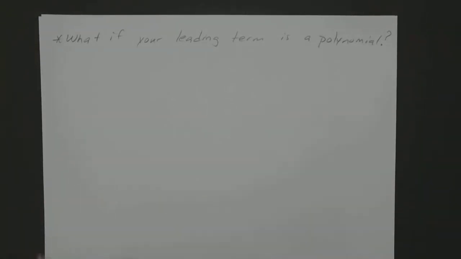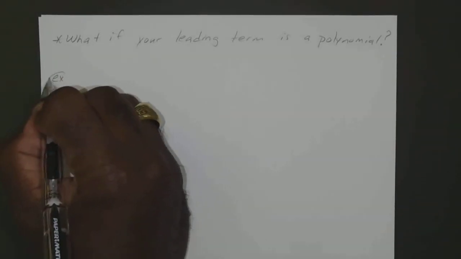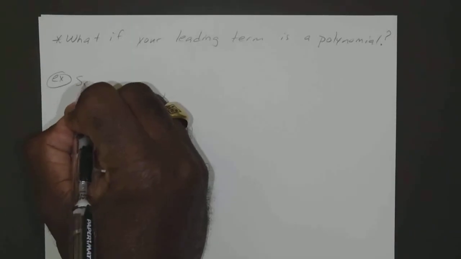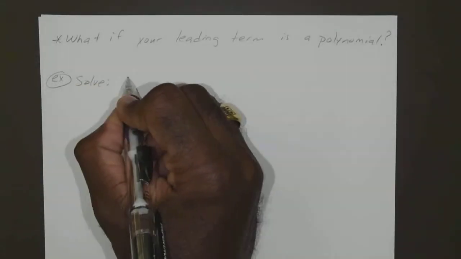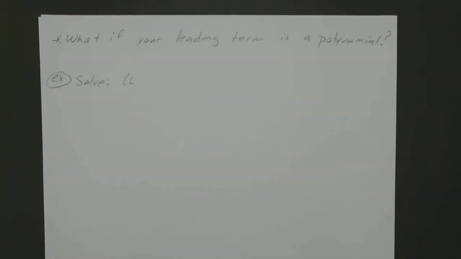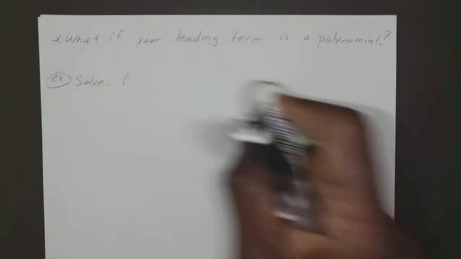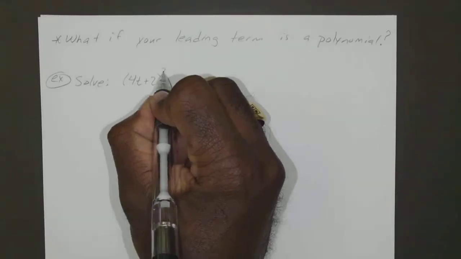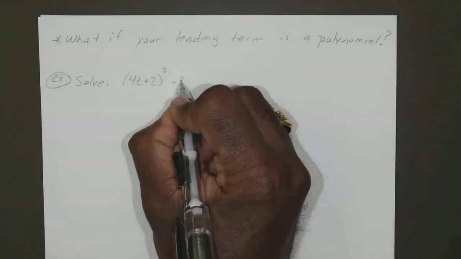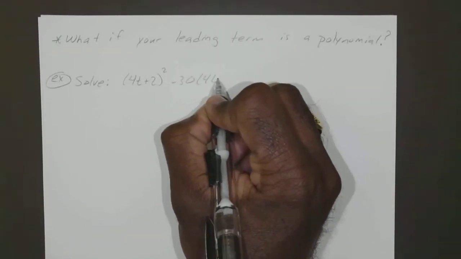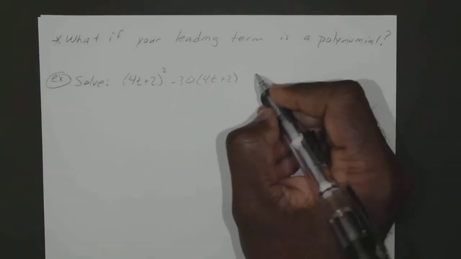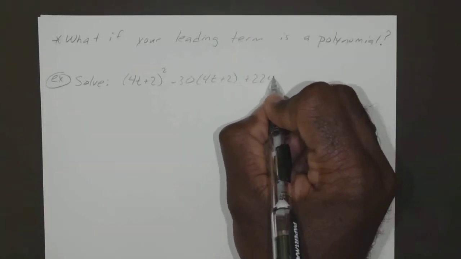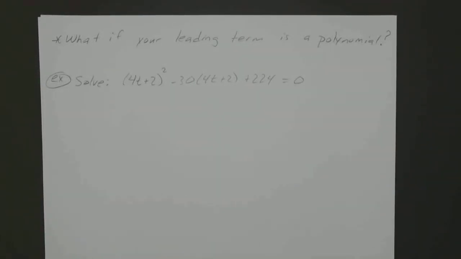For example, what if you want to solve (4t plus 2) squared minus 30 times (4t plus 2) plus 224 equals 0.